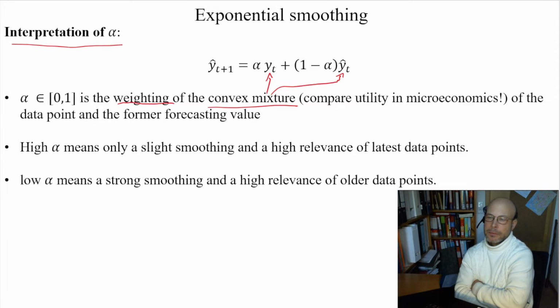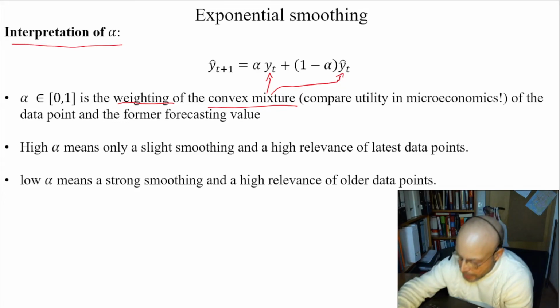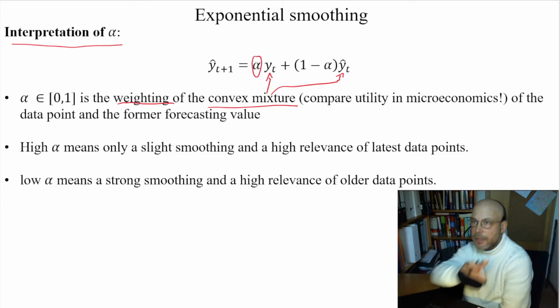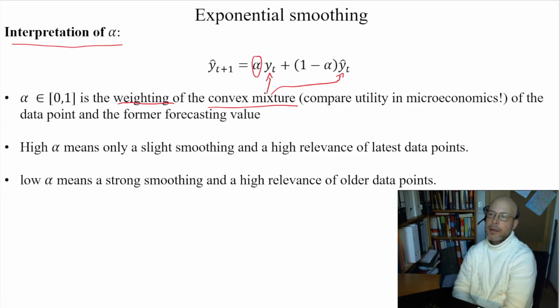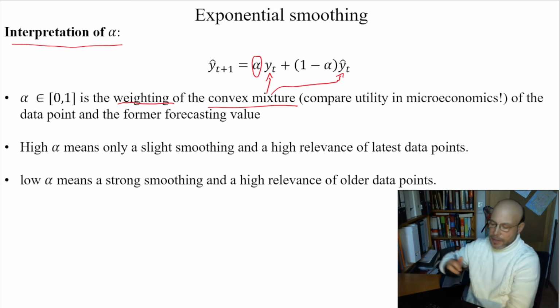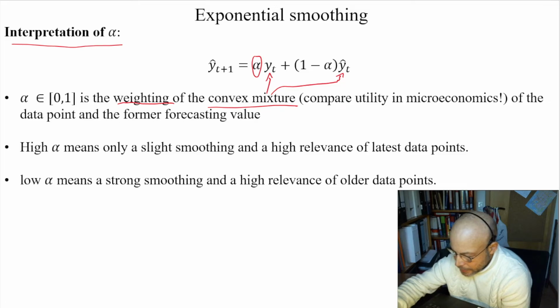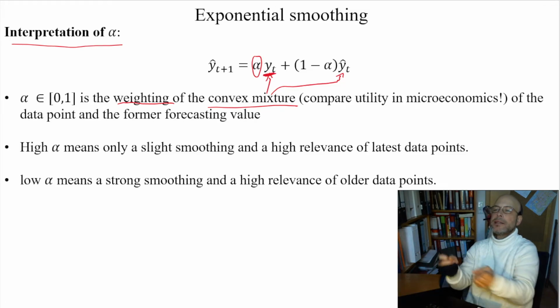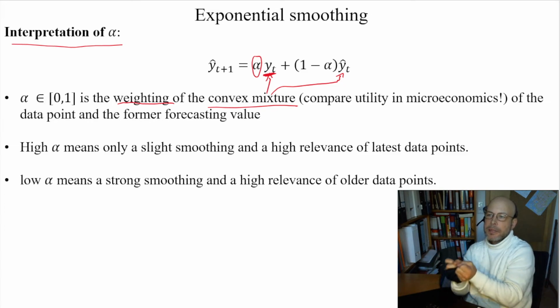Looking at the definition of this equation, we see that the higher this alpha, the closer we are to 1, the more relevant the true last data point becomes.